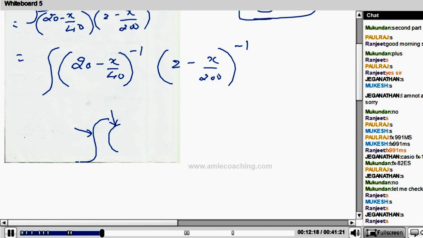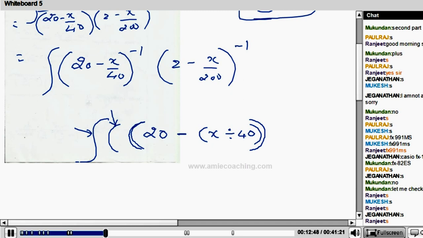After that, open a bracket and type 20 minus x by 40. For that, I open once again a bracket, x divided by 40, and then I close the bracket and close the 20 bracket. Up to this, the bracket is closed.